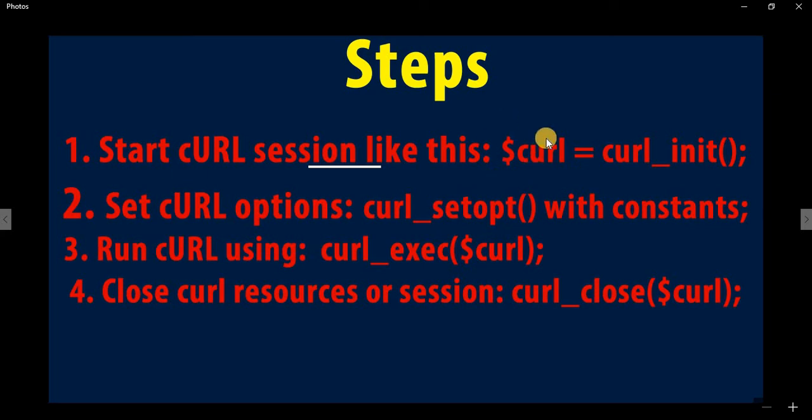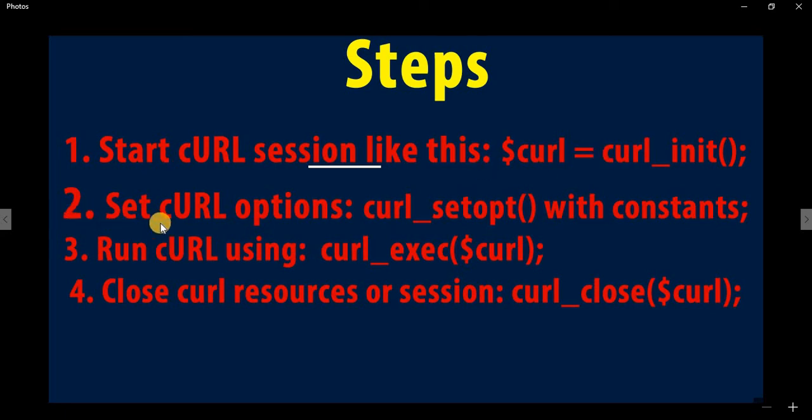You can save that in a variable. $curl right here is a variable. Okay, and this dollar sign shows that this is a PHP variable. You can go ahead and set that to the CURL function that we explained before, which is curl_init, which means that you are trying to initiate a CURL session right here.